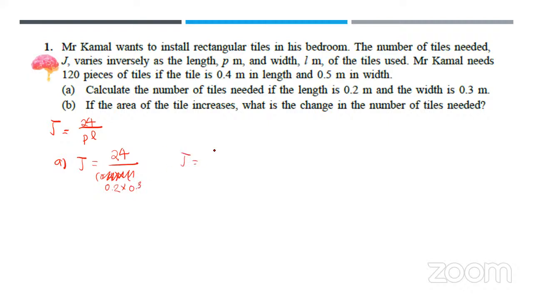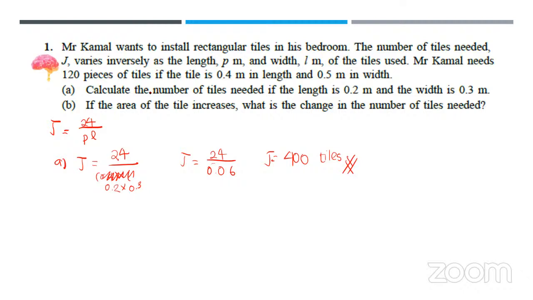Let's input that into the calculator. J is equal to 24 divided by 0.06. And then when you calculate all of that, you'll get J is equal to 400 tiles. So that's the answer for A.